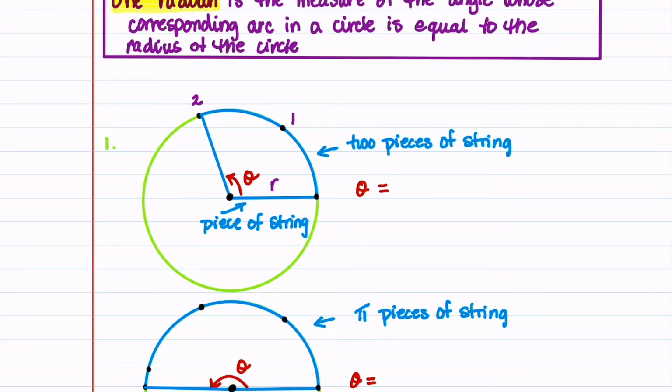So we can call that length 2r, because each piece of string is equal to r. So that length is 2r. When the length of the arc is twice the length of the radius, we say that theta is equal to 2 radians.